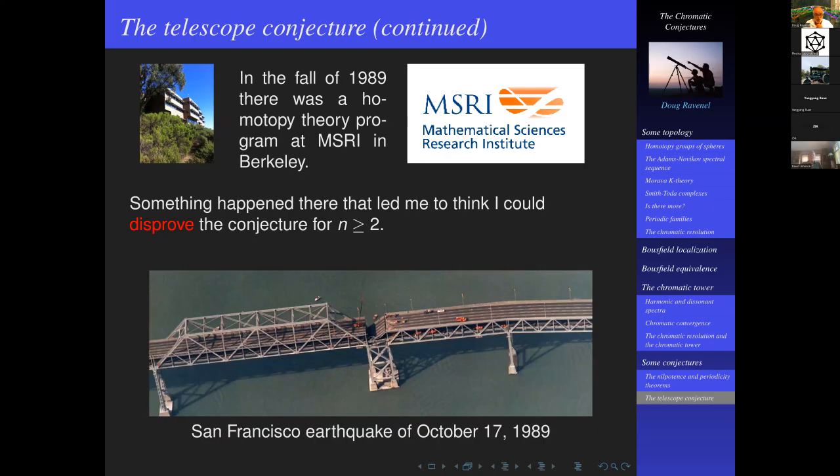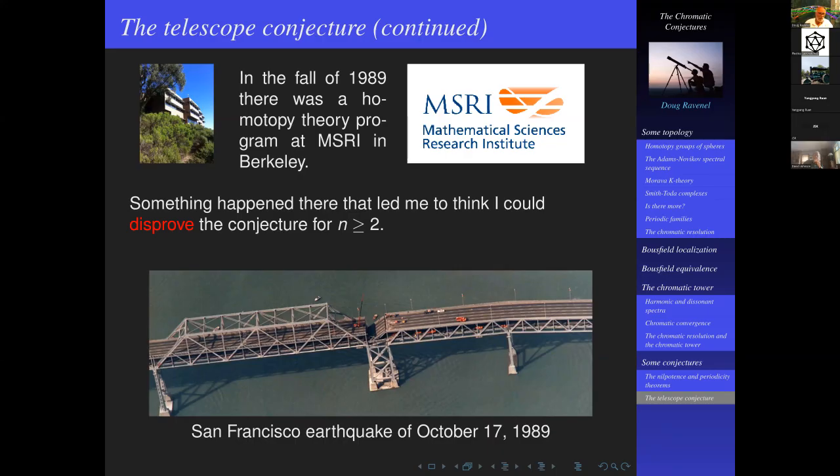There was a big earthquake. There was a big earthquake during this program, the San Francisco earthquake of October 17th, 1989. This is some damage it did to the Bay Bridge. You can see this section of it collapsed here. But anyway, I like to say this is earthquake mathematics, because it was within a day or two of this earthquake that I got an idea about how I might disprove it for n bigger than 1.